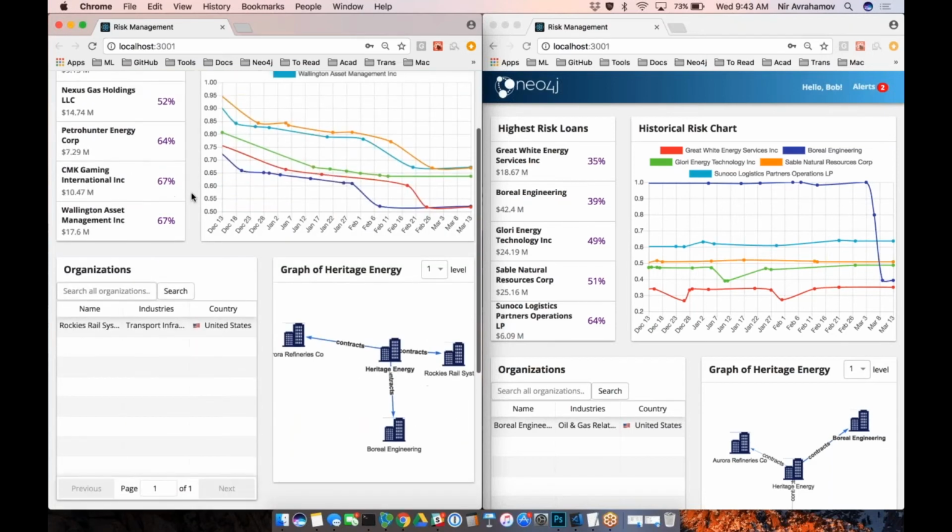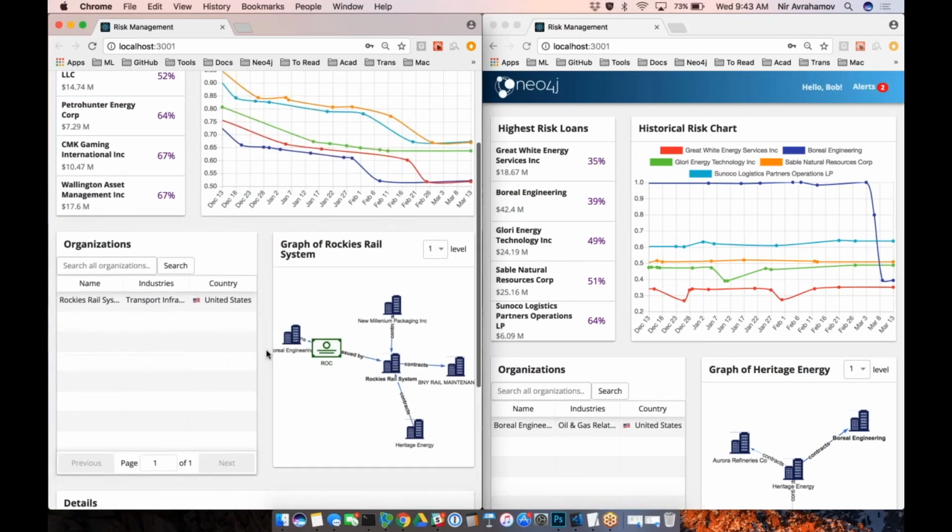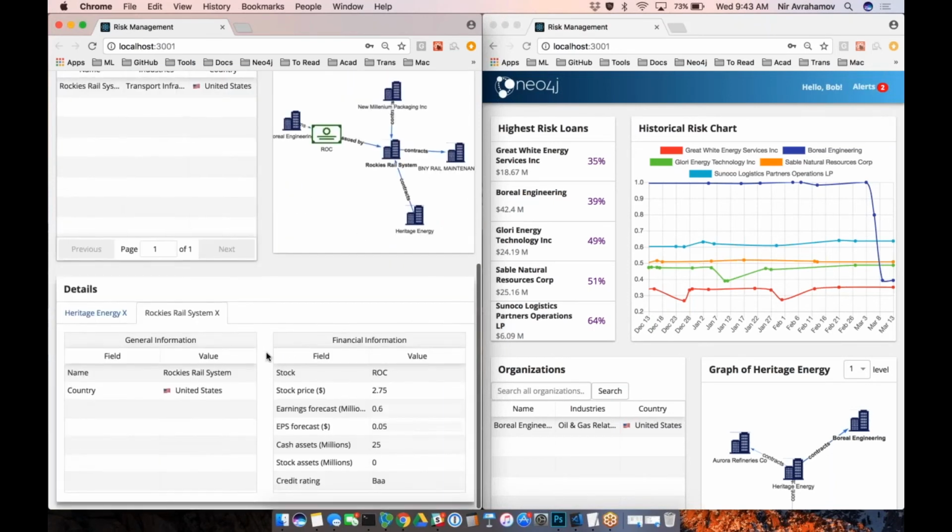What we are going to do now is have Alice look at Rockies Rail and maybe remodel the earnings per share there, because obviously the railway itself is having to shut down. She's realized that all it was doing primarily was transporting the oil from the Alberta site to the refinery.